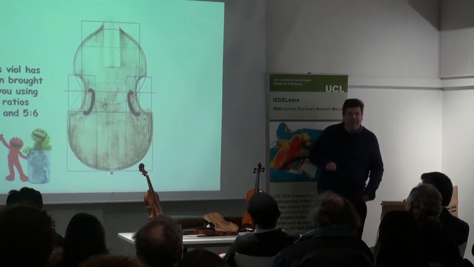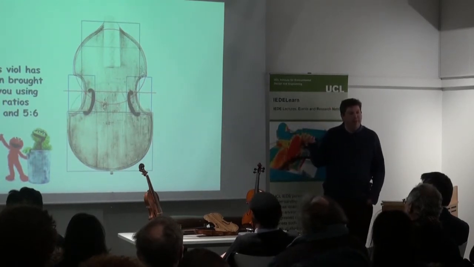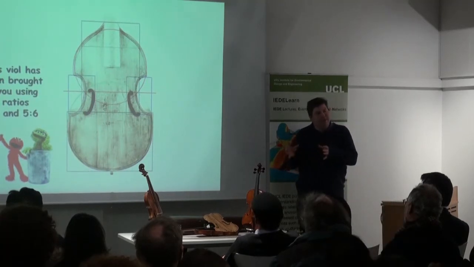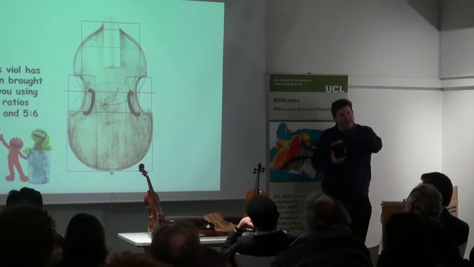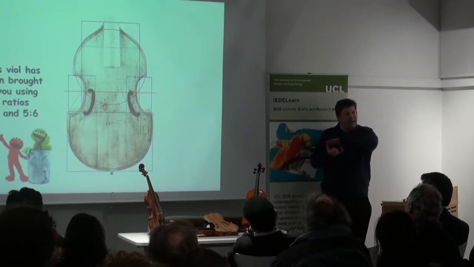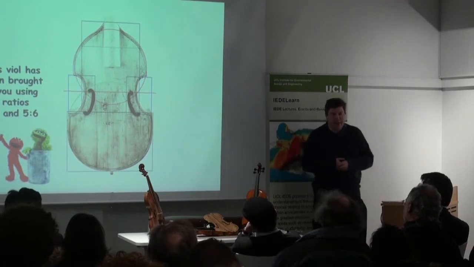So what you're seeing there is a kind of musical composition based on proportions which are inbuilt into Pythagoras' idea of what music is. And just using those two very simple ideas, building up the whole of the musical instrument shape.